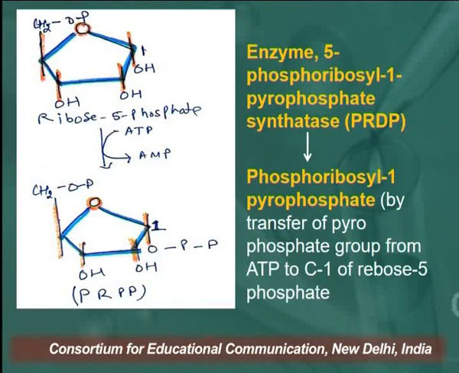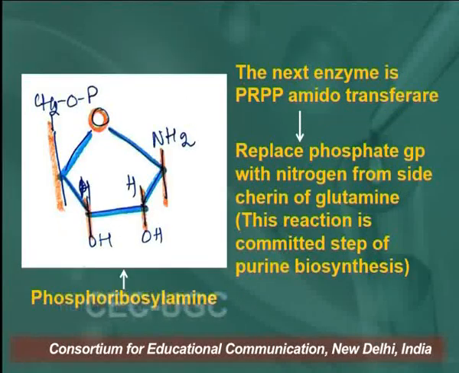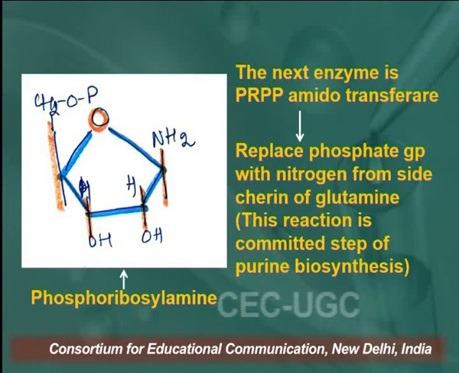Now, what happens? Here at the anomeric carbon of that sugar, there is transfer of a pyrophosphate group from the ATP to C1 of the ribose phosphate sugar. On your screen you can see the structure. At the C1 carbon atom these 2 phosphate groups are transferred from the ATP molecule. Now, the next enzyme is PRPP amidotransferase.